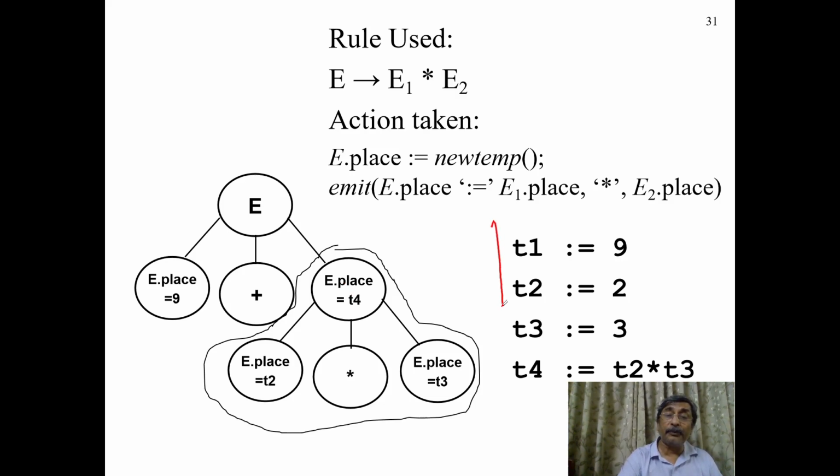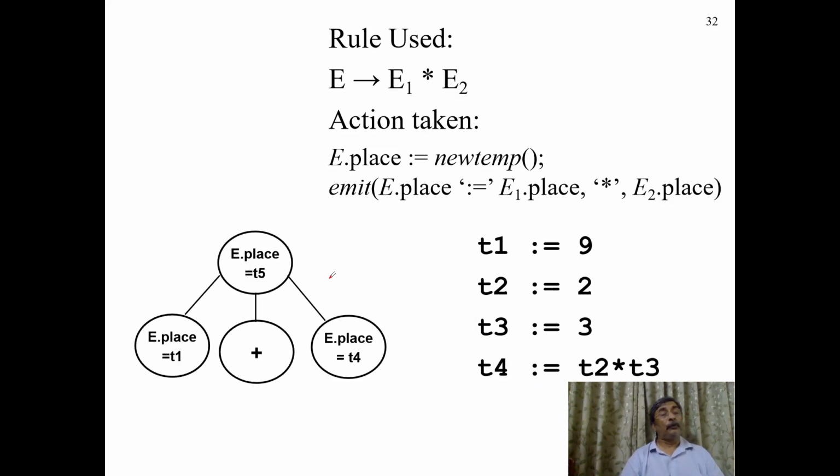So all this computation, the result is here. Once we are here, we'll forget the entire parse tree beneath this particular non-terminal E. But we remember that whatever we have written down as the three-address code, the final result of that is remembered in T4. Very interesting, isn't it?